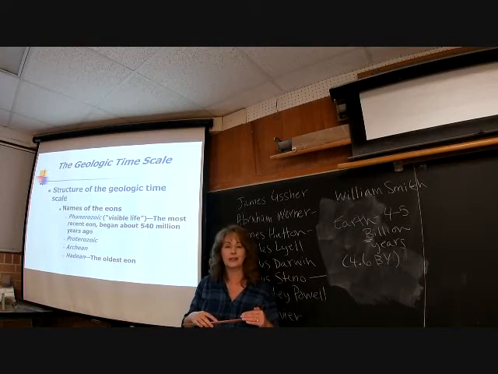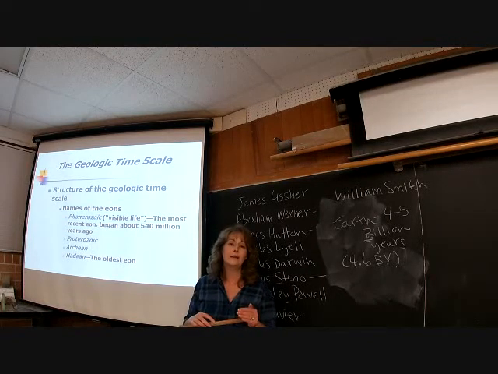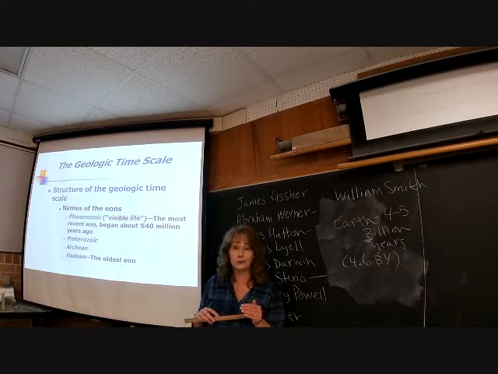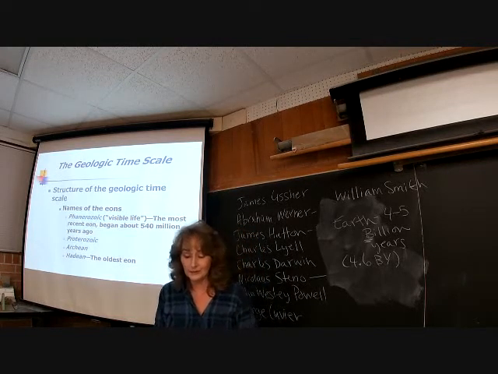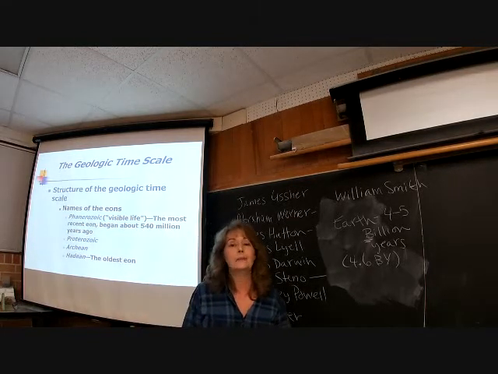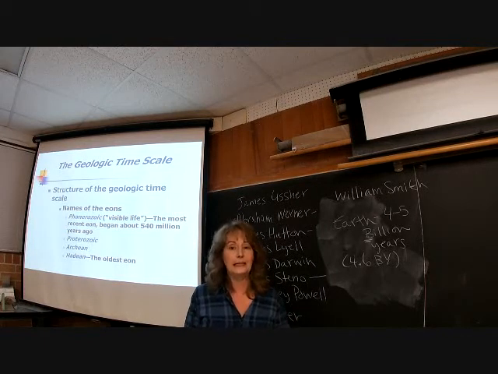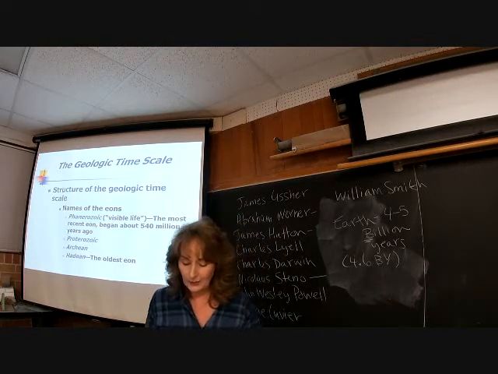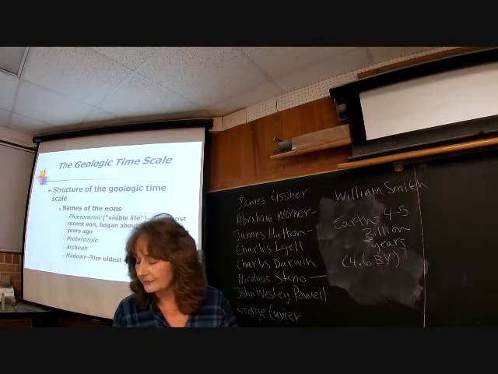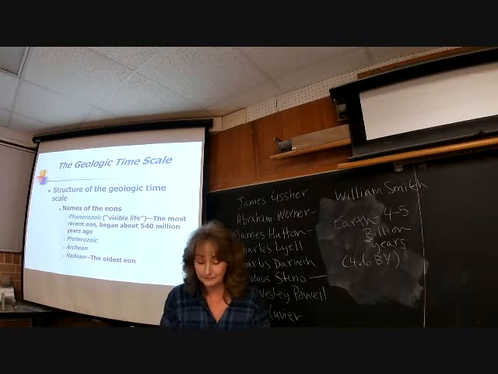There's not a lot that we know about that, so there's not a lot of different events in there, because it is so old and we did not have good fossils during this time. About 87 to 88 percent of geologic time is represented by the Precambrian. All of these are encompassed and called Precambrian.